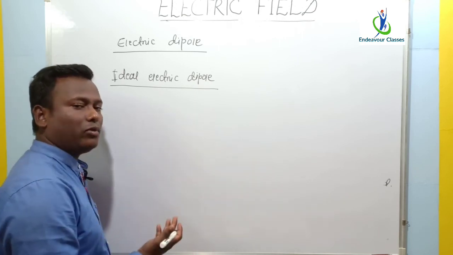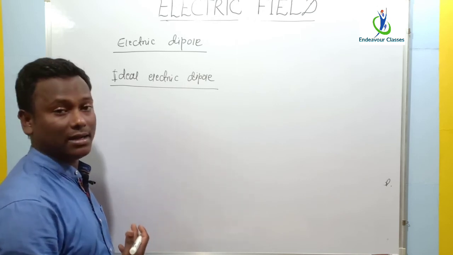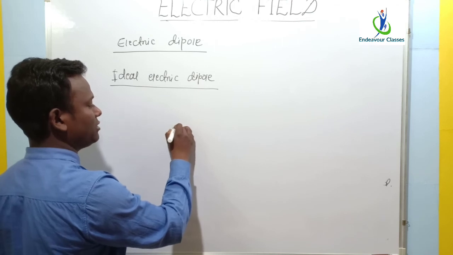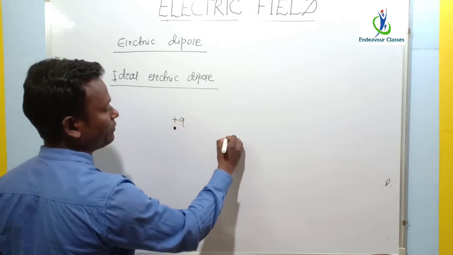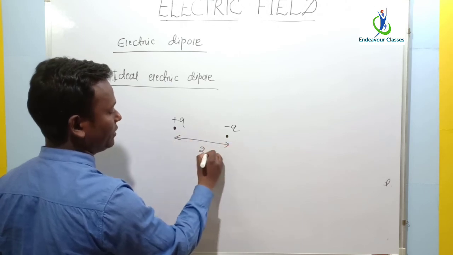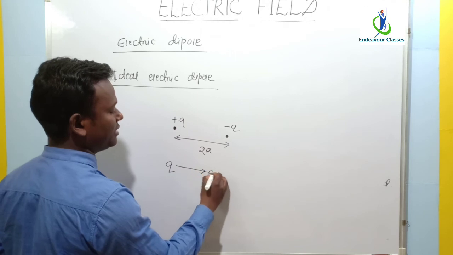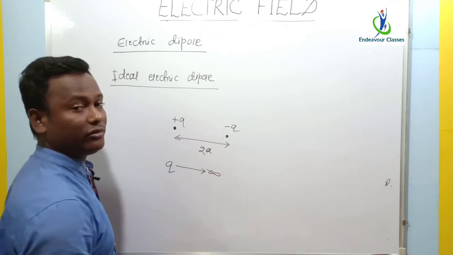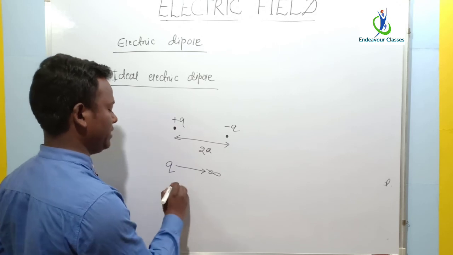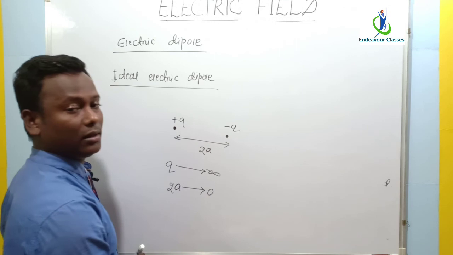An electric dipole will be called an ideal electric dipole when the magnitude of each charge, suppose we have a plus q and minus q charge separated by a distance 2a, increases to infinite and the distance between them reduces to 0, that means here 2a tends to become 0.